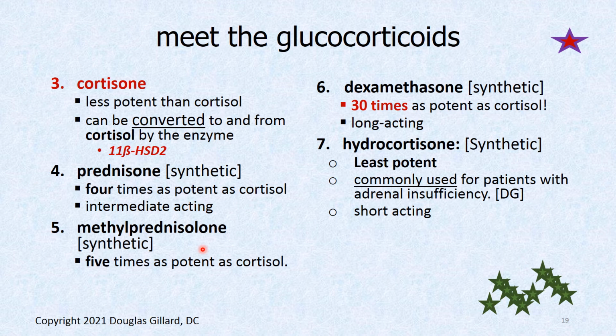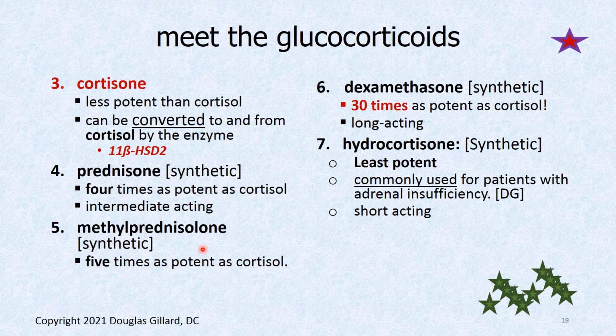Prednisone 4 times as active as cortisol. Methylprednisolone 5 times as strong as cortisol. Look at dexamethasone, 30 times as potent as cortisol. It's very long acting, very, very strong. I don't know of anything stronger, a stronger anti-inflammatory than dexamethasone.